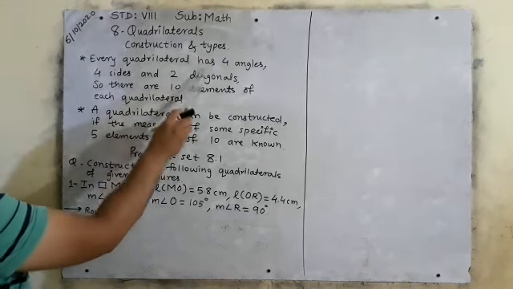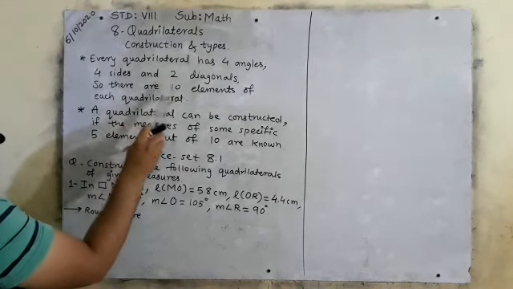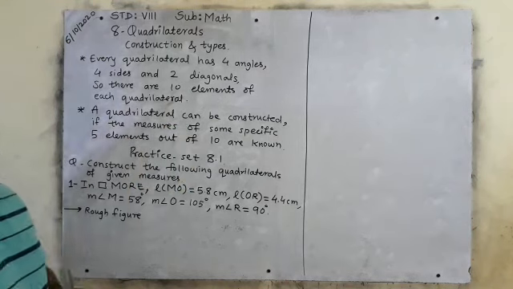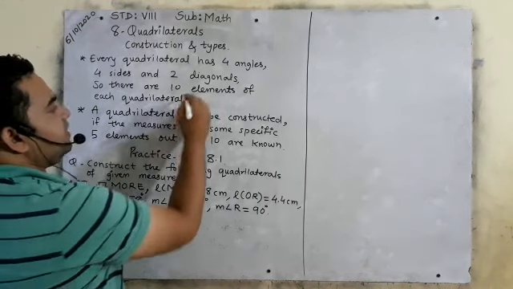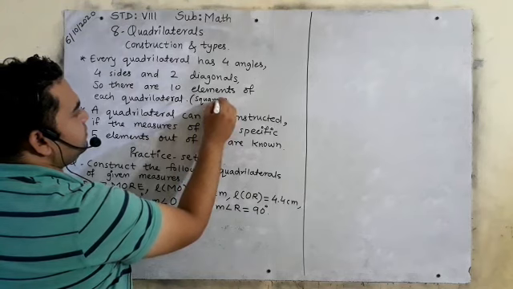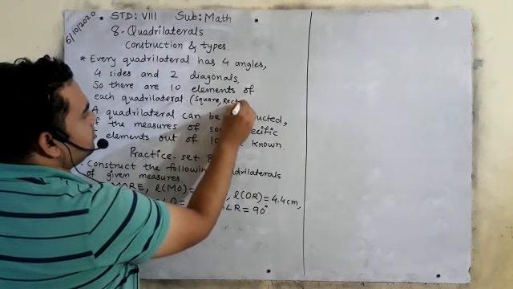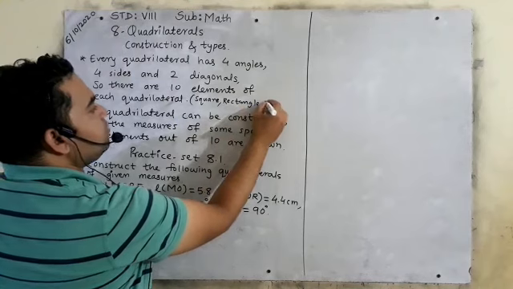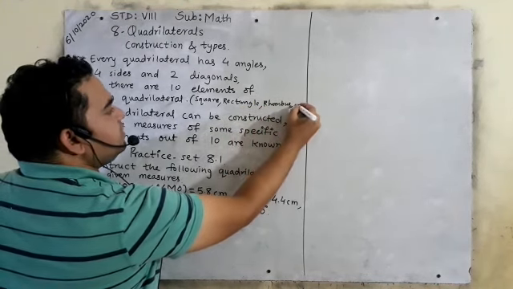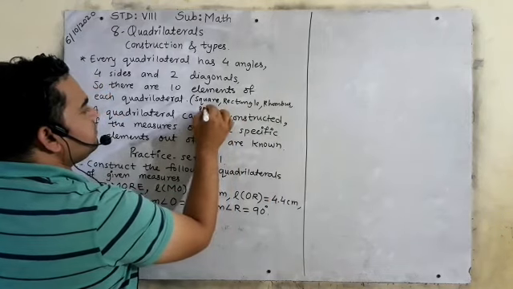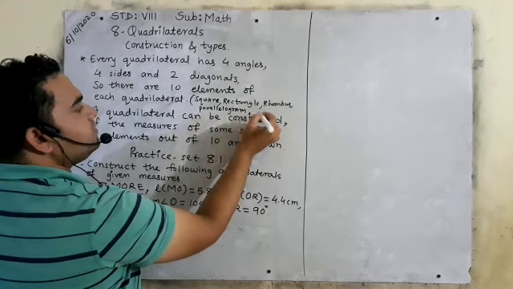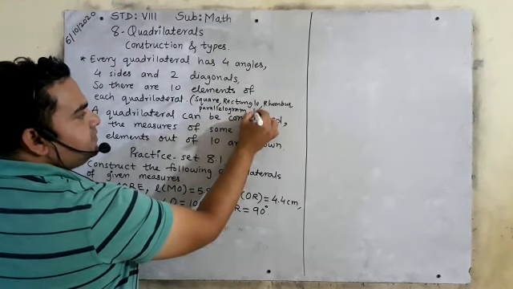Okay, every quadrilateral has 4 angles, 4 sides and 2 diagonals. So there are total 10 elements of each quadrilateral. So what is quadrilateral in short? Example: square, rectangle, rhombus, okay, and parallelogram, and kite.